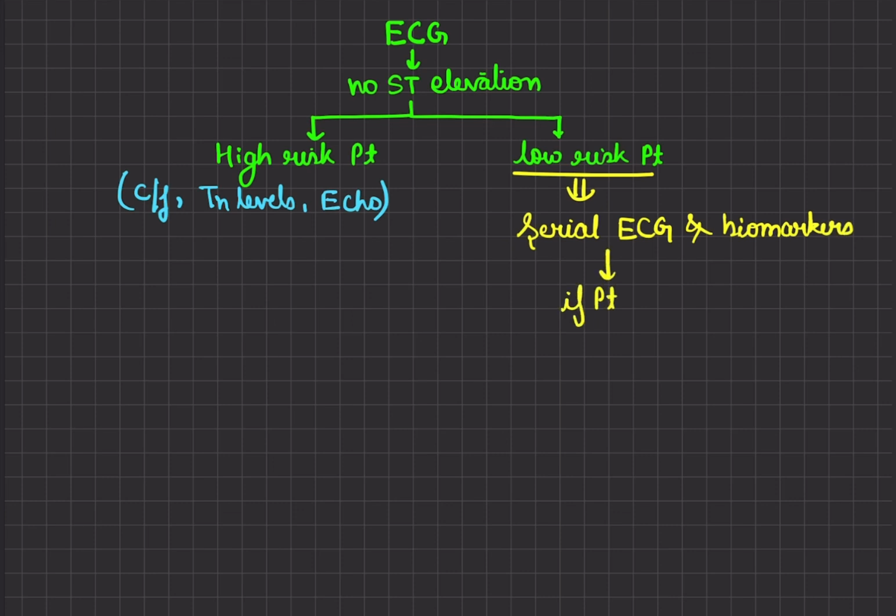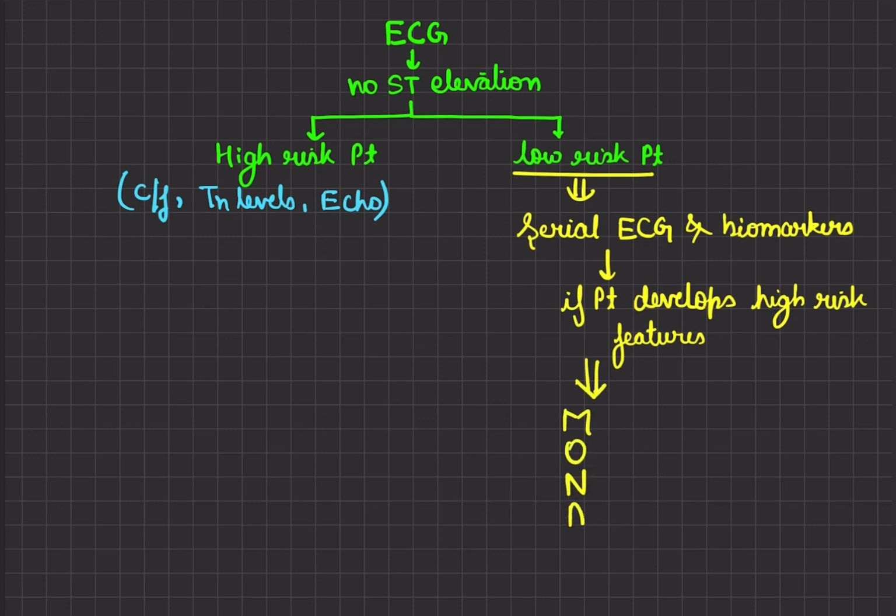If patient develops high risk features, then follow MONA BC, and high risk features should also be treated by MONA BC.